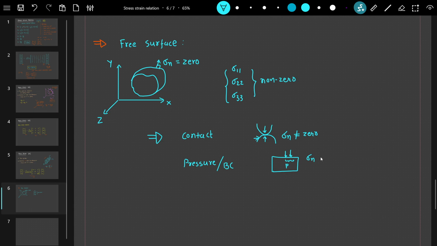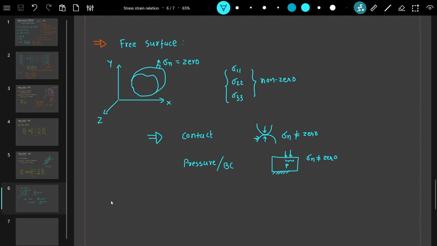Stress is normal to the surface, so here also it is not zero. Similarly, if we arrest this boundary, here also we get resistance to the stress normal to the surface. So this is just one observation in FEA post processing.